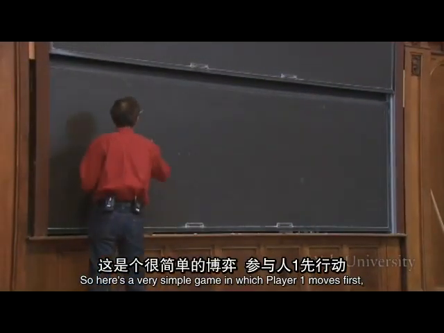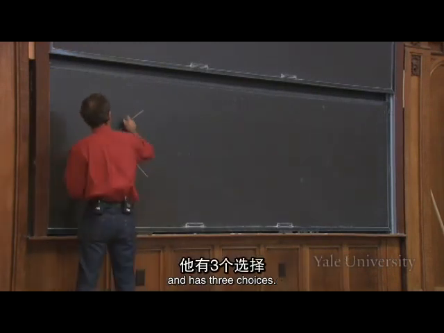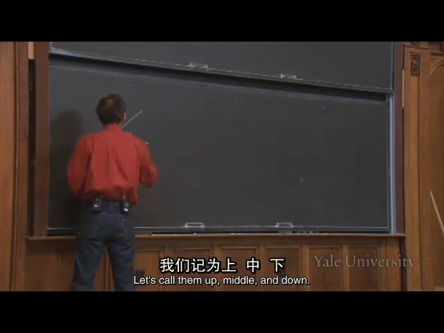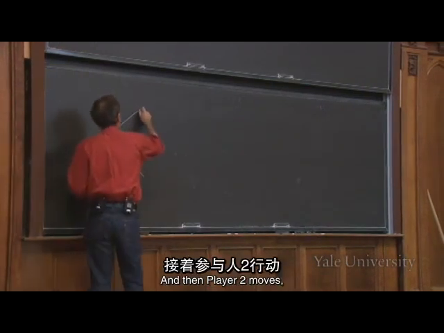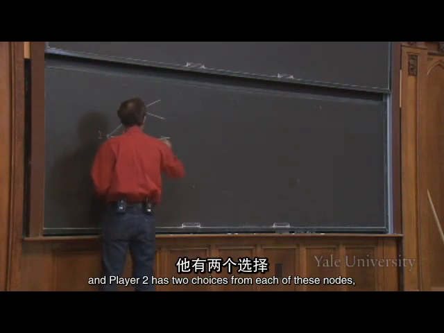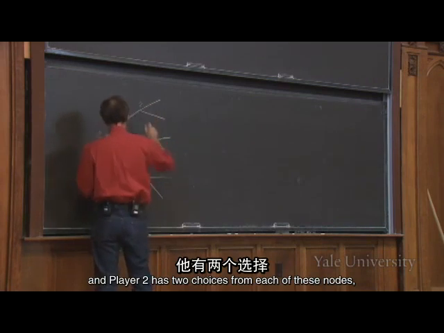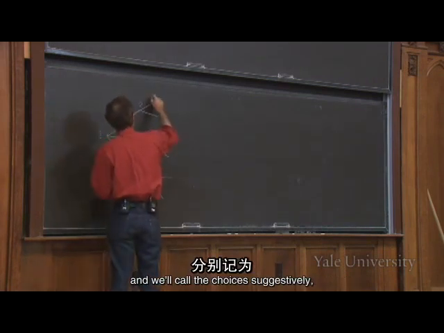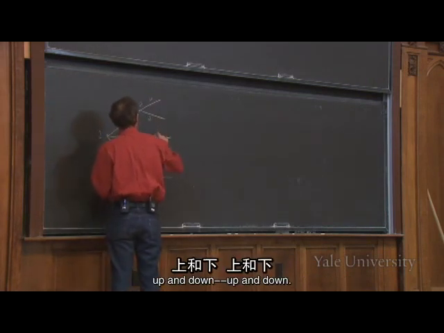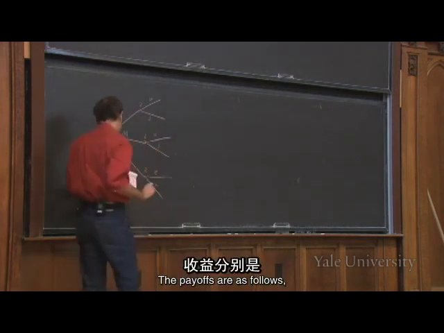Here's a very simple game in which player 1 moves first and has 3 choices. Let's call them up, middle, and down. Then player 2 moves, and player 2 has 2 choices from each of these nodes. We'll call the choices suggestively up and down, and here we'll just call them left and right.